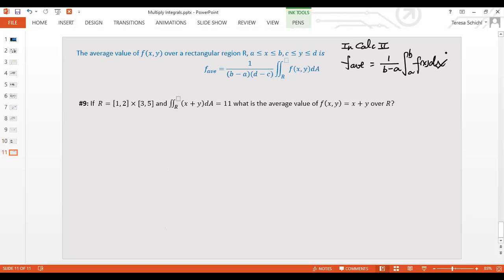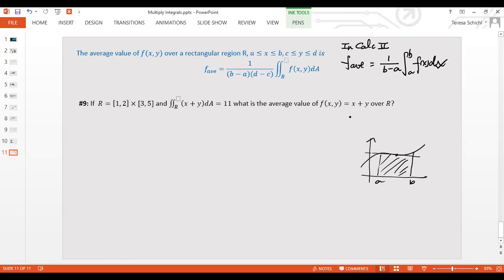That is what we call the average value. If you remember in Calc 2, if this is a to b, the average value is found by using this integral divided by that length, and it sits somewhere here.